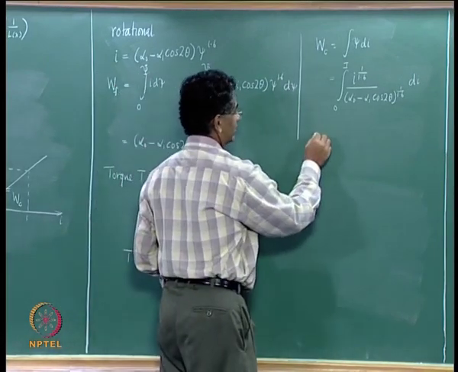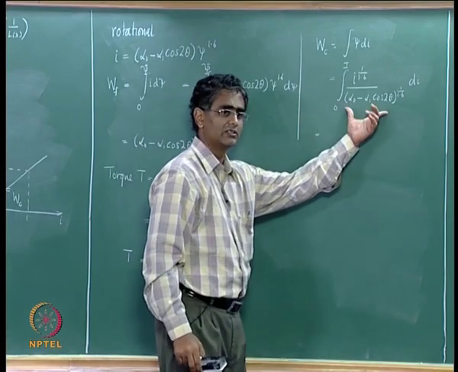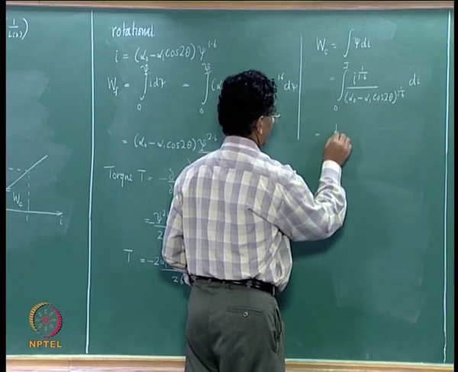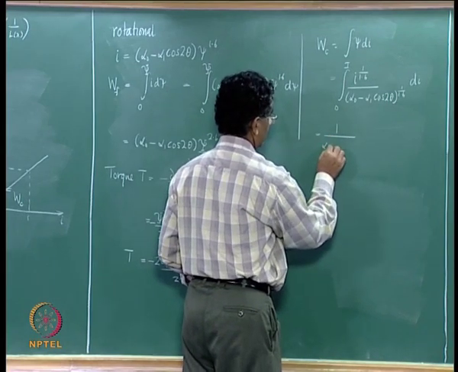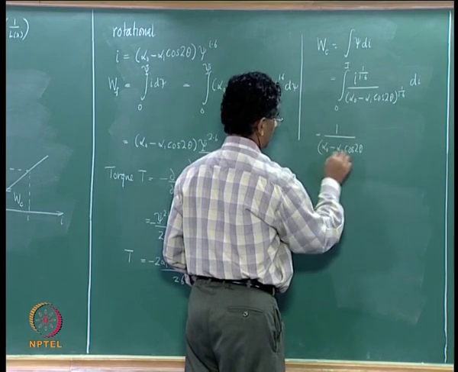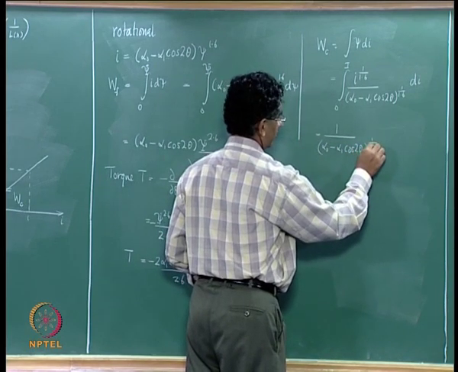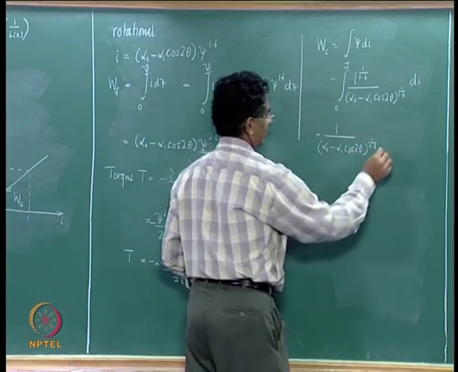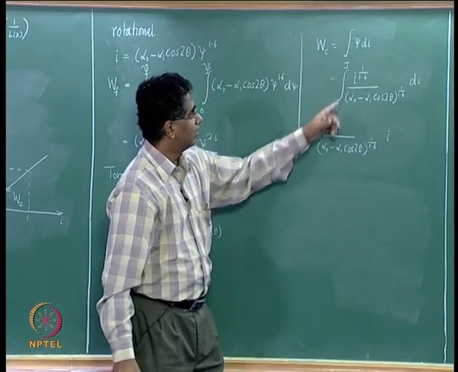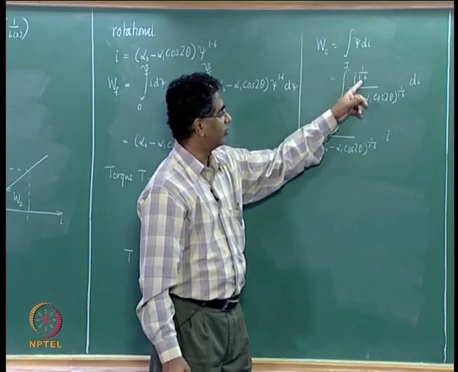In this integration, again the angle is kept fixed, so that can be taken out of the integration. So, you get 1 by alpha naught minus alpha 1 cos 2 theta to the power of 1 by 1.6 multiplied by the integral of I to the power of 1 by 1.6.